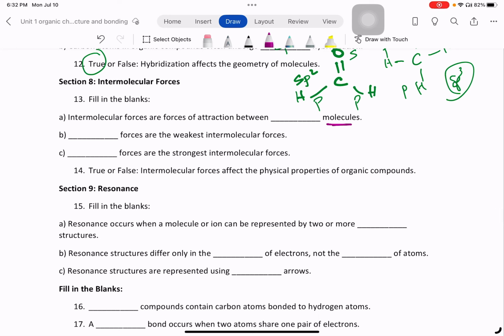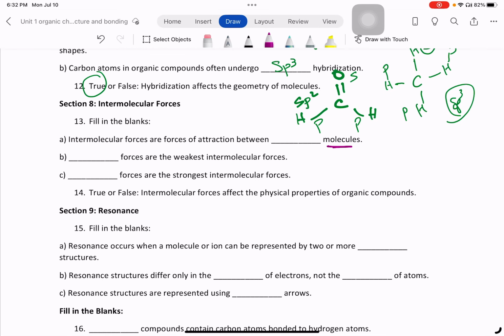It could be hydrogen bonding, London dispersion, and all these things. Which is the weakest intermolecular force? That's going to be the London dispersion forces. The London dispersion forces are the weakest intermolecular forces, right?